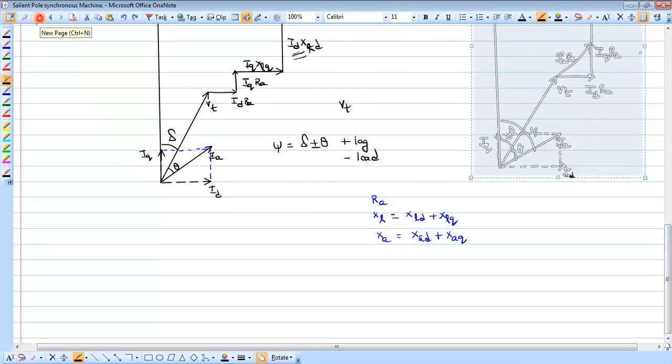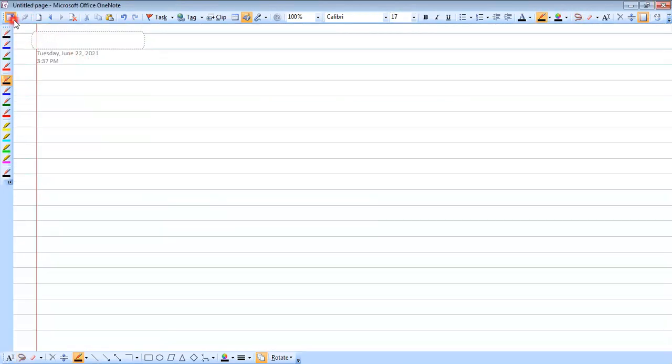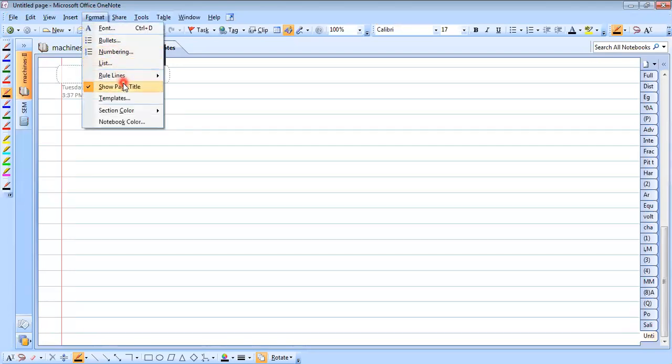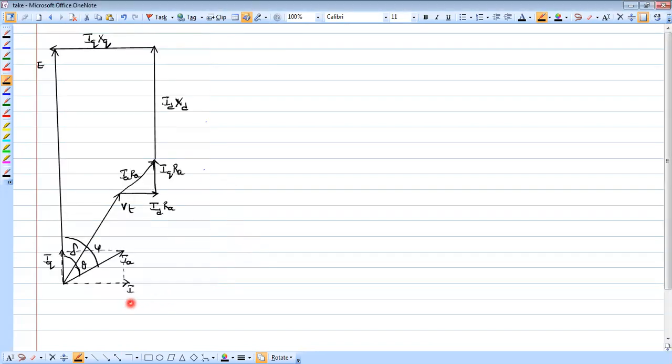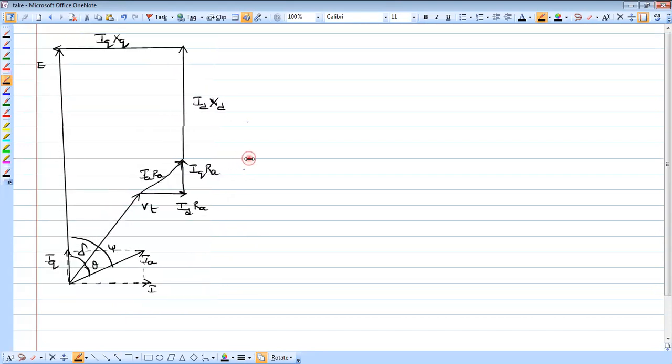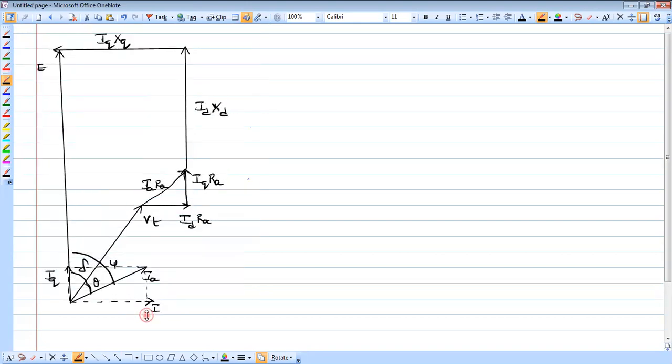So I'll copy this one to the next page. So this is our phasor diagram. One second, I'll make it somewhat larger.